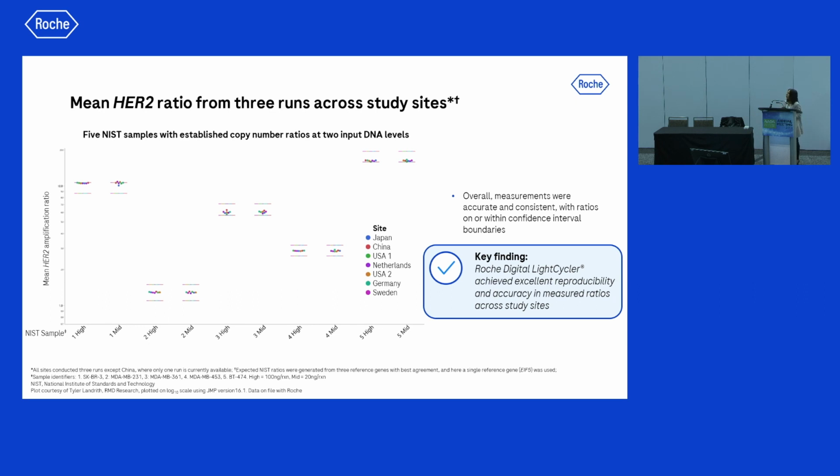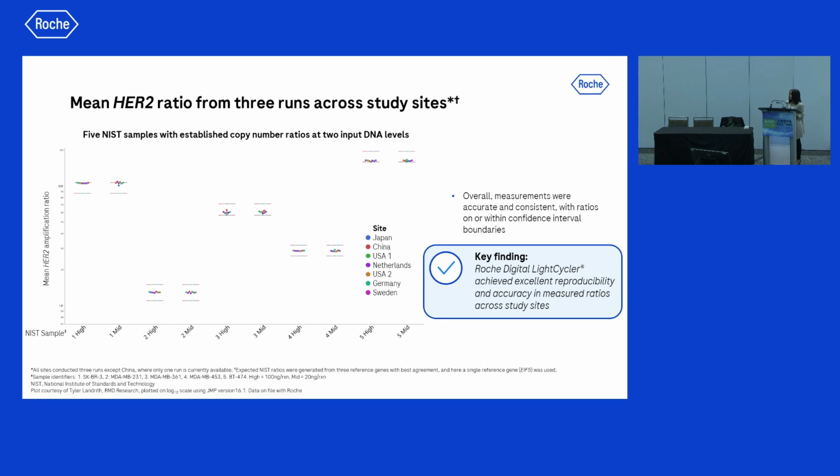Now, I do want to point out that for sample number 1 and number 5, the ratios are residing a little bit on the confidence interval boundaries. And we do suspect that this is likely due to the fact that in our assessment for this evaluation, we only used the one reference, EIF5, whereas in the NIST references, they use 3 references for calculation purposes.